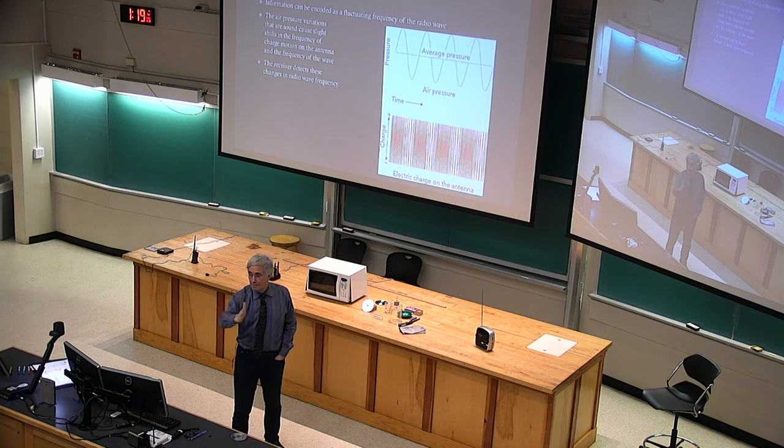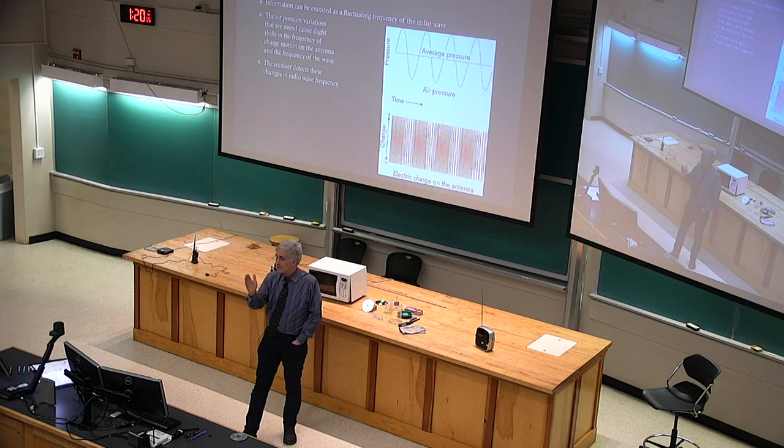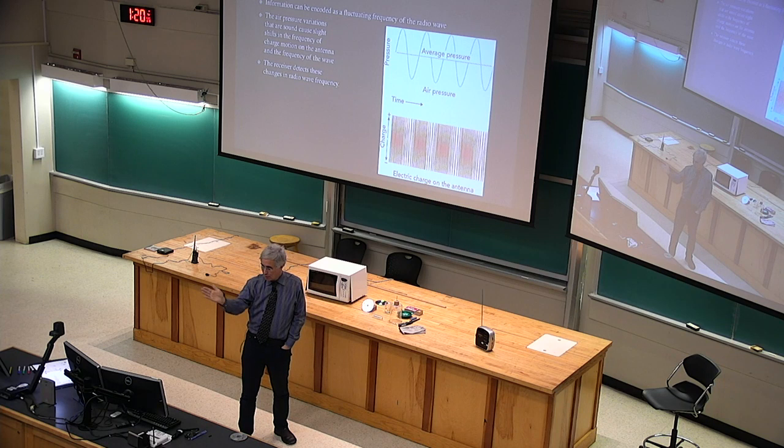So you can go above and below, and as you move the transmission frequency around dead center, you're representing, in the case of music, higher pressures by going to higher frequency, and lower pressures by going to lower frequency. So you're warbling back and forth with the wave you're transmitting in order to represent sound pressure fluctuations above and below average. Okay?